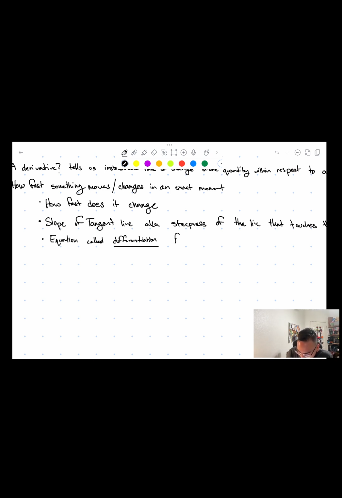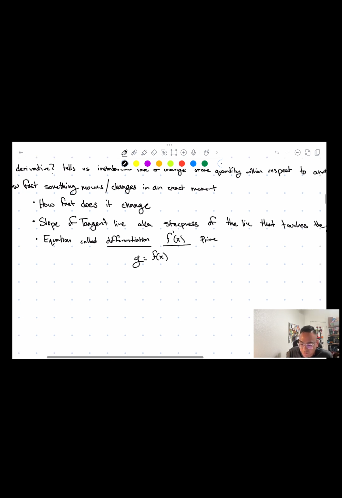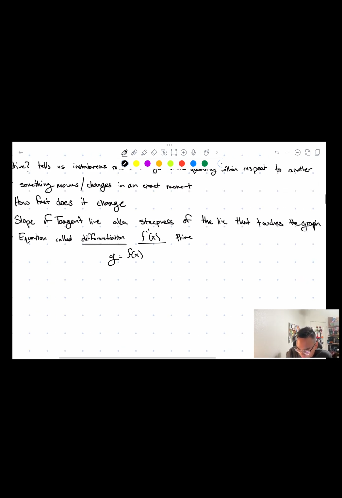So f prime of x. If you remember, f of x is usually a function, right? This can also be represented as y, or sometimes you'll see y is equal to f of x. But a differentiation is going to be f, the little apostrophe, x. We call this prime. There's also another way you can write this.